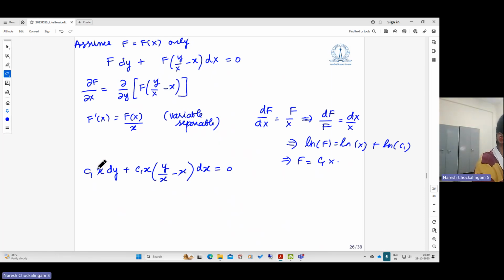The constant we can take to be not equal to 0 and take it to the other side. So we get x dy plus (x y minus x square) dx is equal to 0.